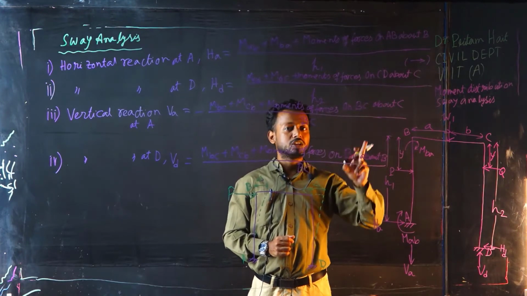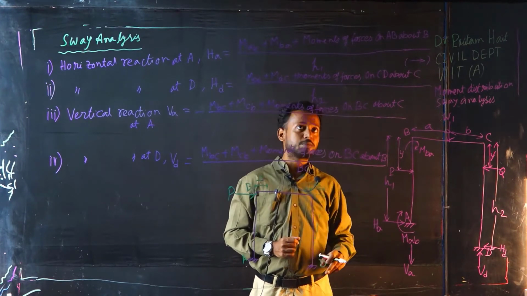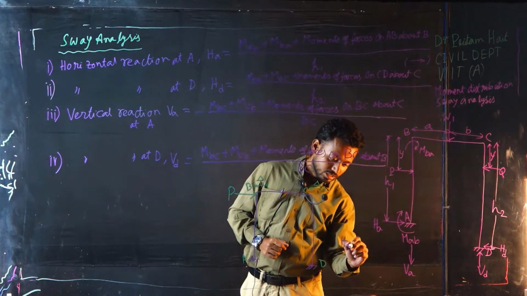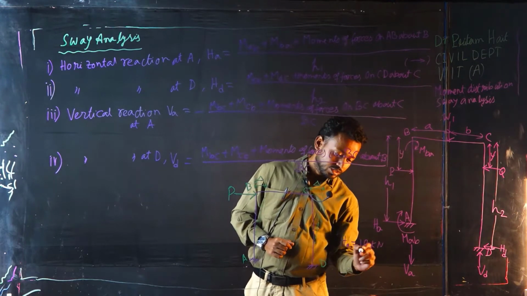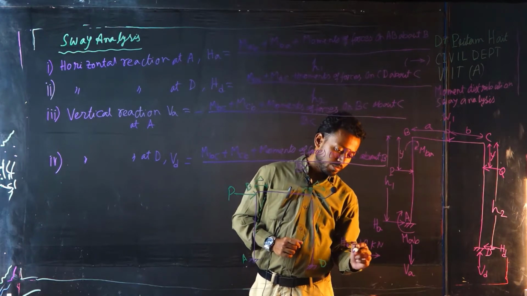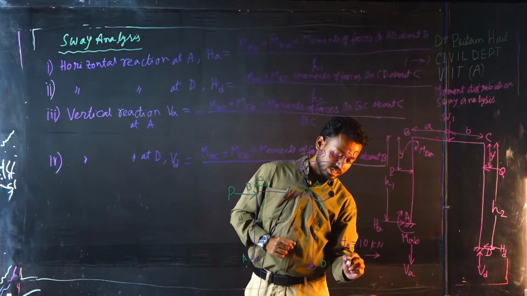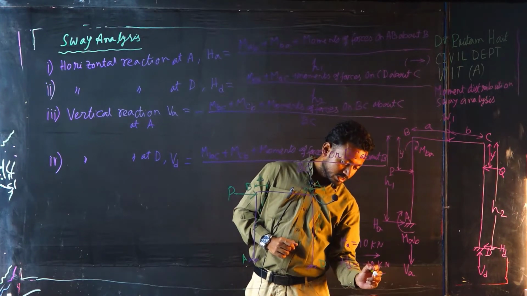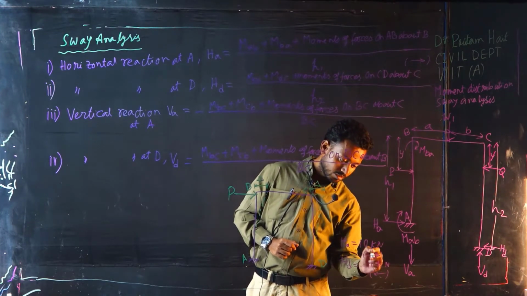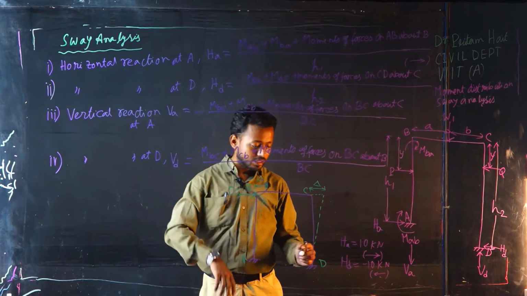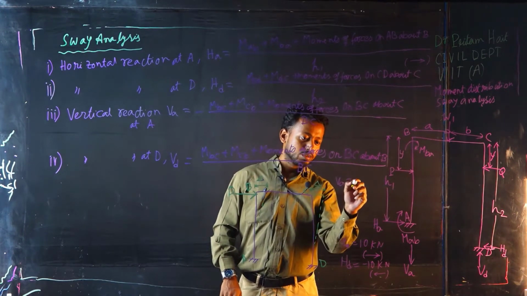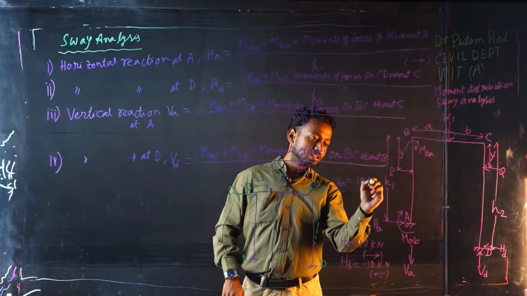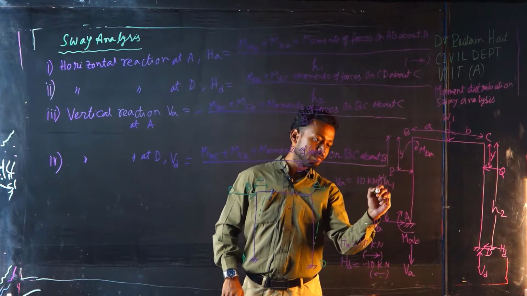Depending upon the sign convention, you have to mark the direction of forces. Suppose HA you found is 10 kilonewton. Okay, this is positive, so it will be from left to right. Suppose HD you got minus 10, this is negative, so you have to mark this from right to left within bracket. Similarly, if you get VA equal to positive 10, it will be in upward direction, mark in bracket.